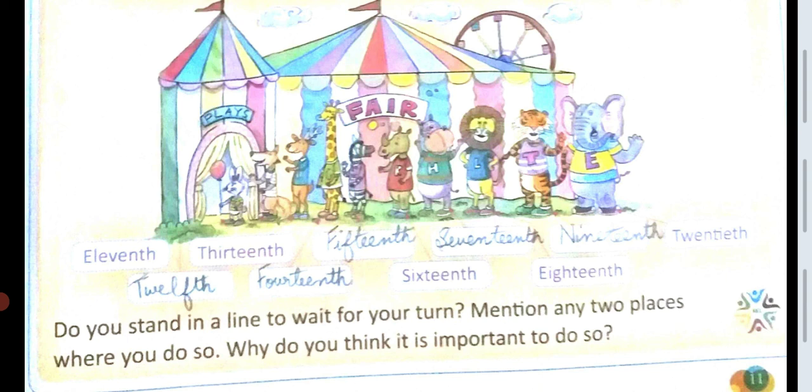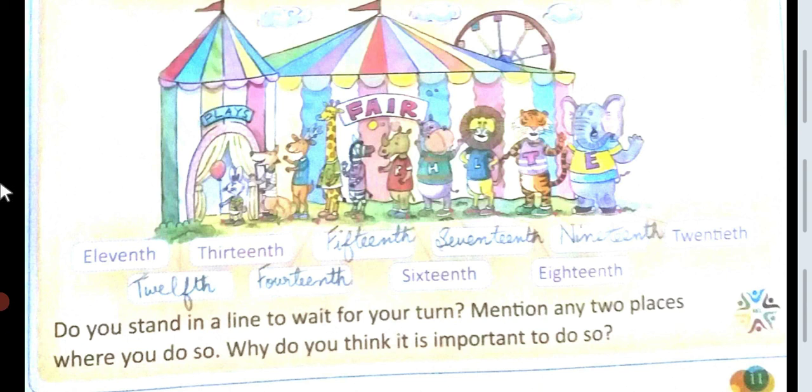Another example, if you go to see any fair, or recently in our Gorakhpur the zoo has been inaugurated by our respected CM, when you go there, you have to wait for your turn to purchase the ticket, and it is very important because when your turn comes you can go and see that particular thing properly.